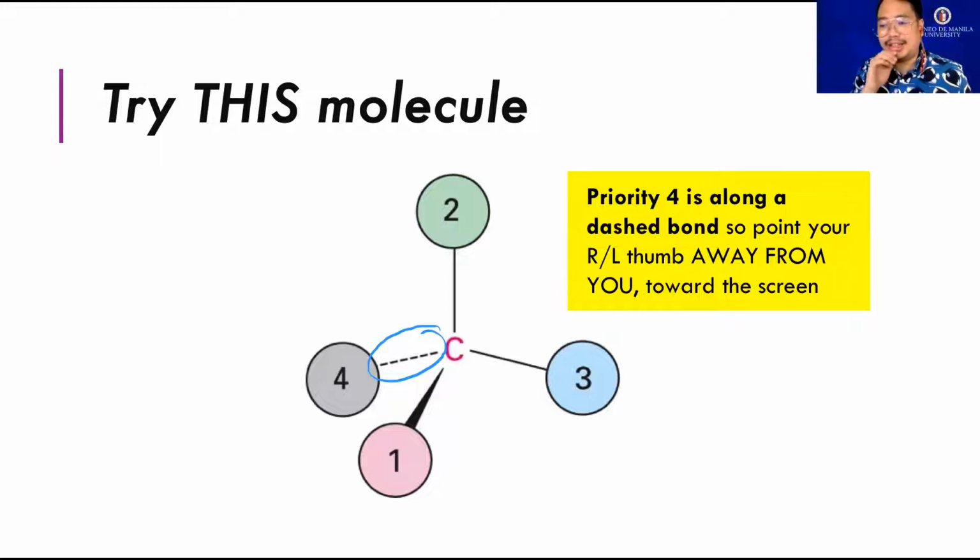So dashed lines mean away from you. So take your right thumb and point it away from you, towards the screen. You can do that with your right hand, or you can also put it like that.